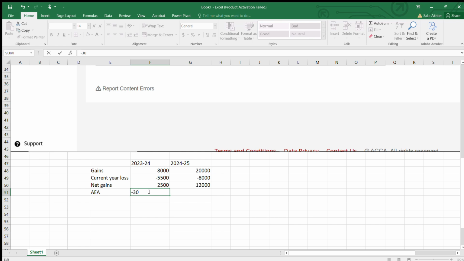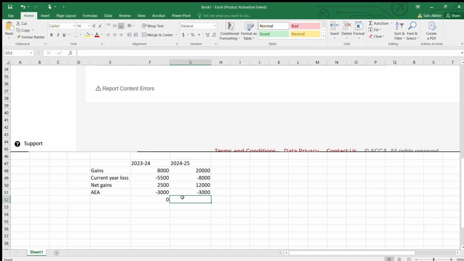Yes, you can. Because unlike your personal allowance, remember AEA is not restricted. It's always 3,000. And in this case, it is 3,000. So now when you do the sum function, remember this will be 0. Even though when you take 2,500 minus 3,000, it will show negative, but you have to write 0.